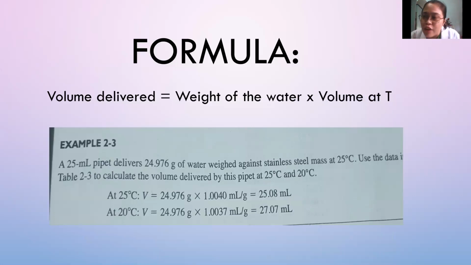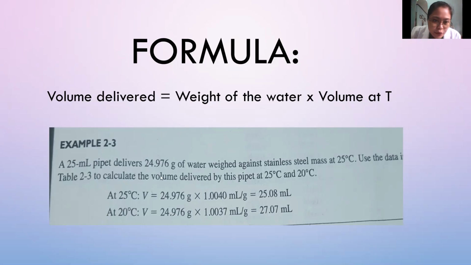Using the procedure nga giingon nako kagaina ha, i-weigh una ang receiver plus the stopper, tapos magkuha ka og desired volume using the pipette. Example, 25 ml ang pipette nimo, gitransfer nimo siya sa receiver, and then i-weigh nimo ulit. And then to get the mass of the water, i-minus lang nimo ang weight of the container plus the stopper plus the water minus the weight of the container plus the stopper.